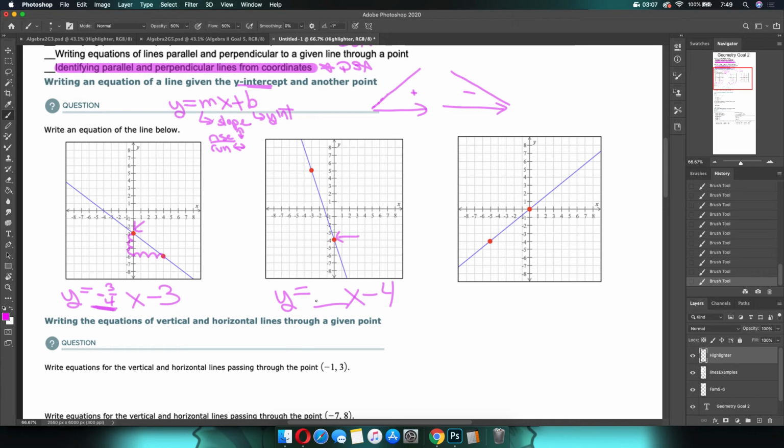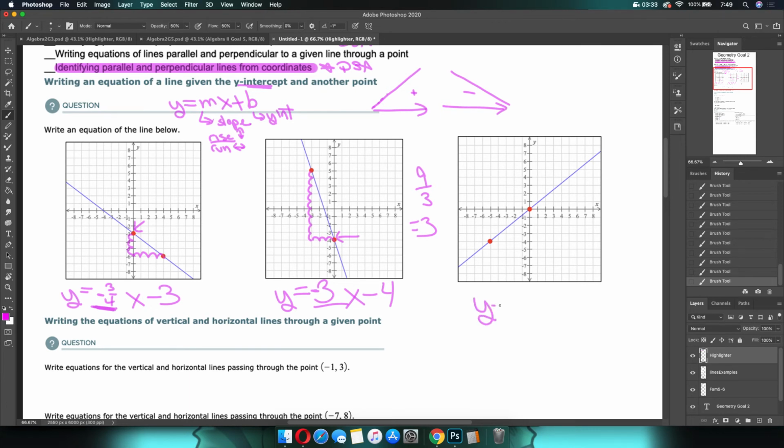Well, it's going down, which means it's going to be negative. How far are we going? 1, 2, 3, 4, 5, 9. And then we're going over 3. Okay, 9 over 3. As always, if you can simplify this, you want to. So 9 over 3 equals 3, so your slope is -3, and your equation is y equals -3x minus 4.